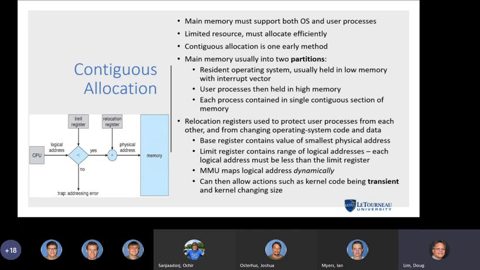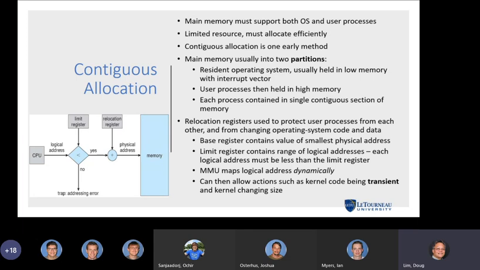Since memory is a limited resource, we must allocate it efficiently. Contiguous allocation is one of the early methods used. Main memory is usually divided into two partitions. The resident operating system is usually held in low memory with the interrupt vector, and user processes are held in high memory. Each process is contained in a single contiguous section of memory.